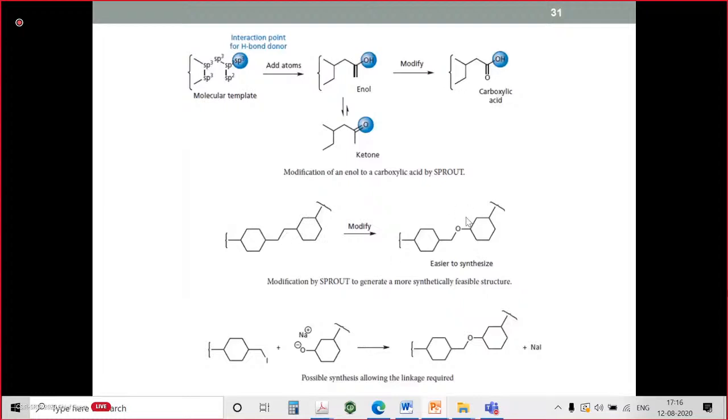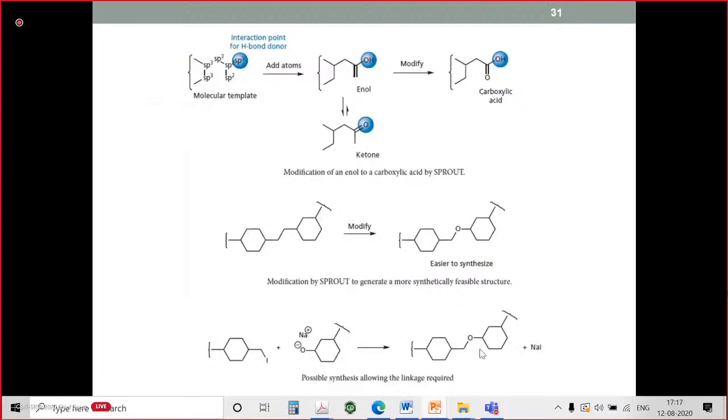Instead of that, we can put the heteroatom, particularly oxygen, which can later on be easily synthesized. So this is an example of how we can easily synthesize this designed molecule by just using the sodium salt of this 6-member cyclic structure, and using the SN2 substitution reaction can give you the designed molecule.